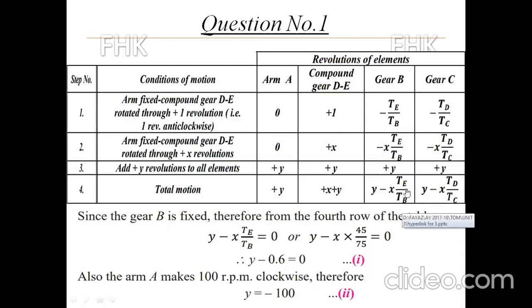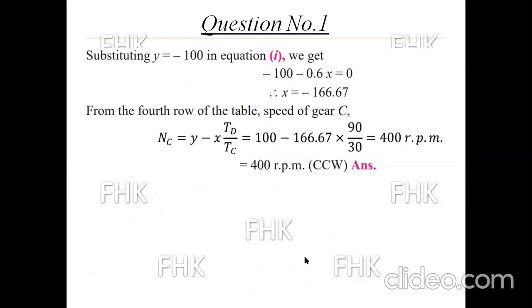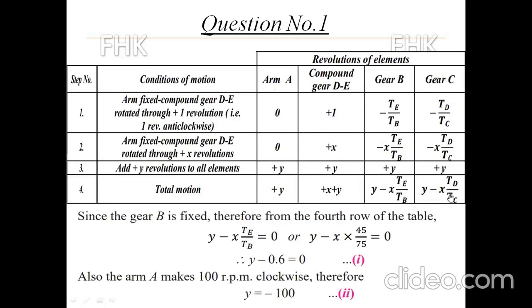So this whole term will become 0, but the value of y is minus 100 and x we have to find out, into 45 and 75. So this equation will become y minus 0.6 x is equal to 0. So the value of x we are getting here is minus 166.67.